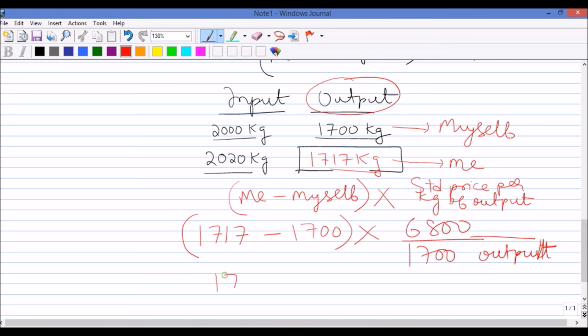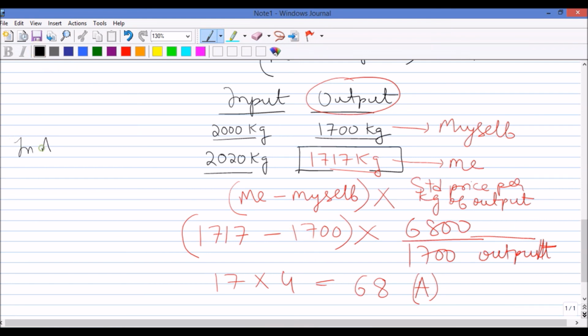So this is 17 into 6800 divided by 1700. I will get 4. 17 into 4 is going to give me 68, and this is adverse. Why it is adverse, I'll tell you all.